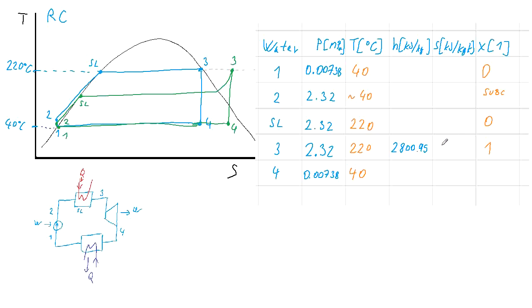When we have this point, we can also get entropy for that, which is 6.284 kilojoules per kilogram Kelvin.